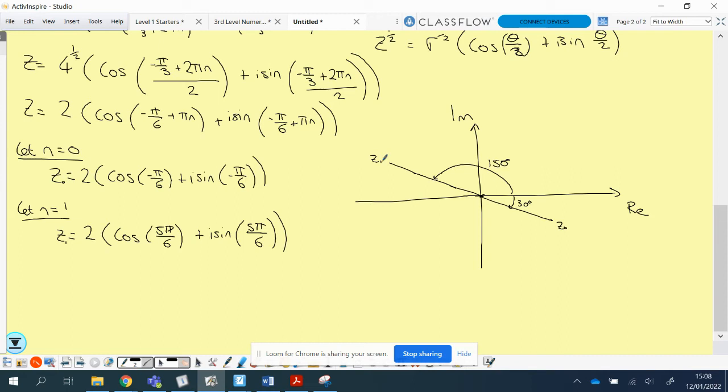Now, again, this is a bad sketch, but because they're both the same size, what this has actually created is a circle of radius 2. But also, because there were only 2 roots, they were the exact opposite each other on the Argand diagram.